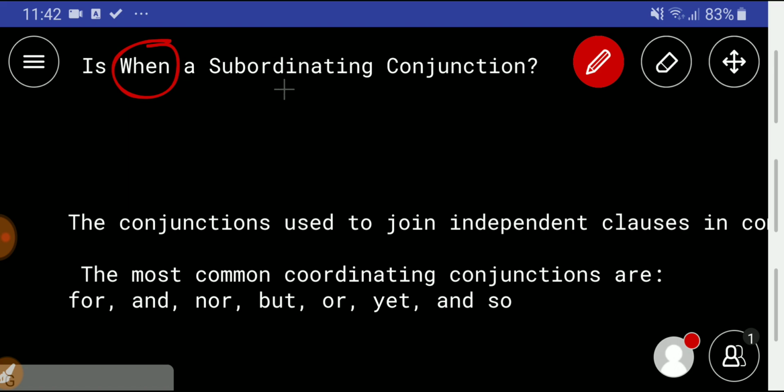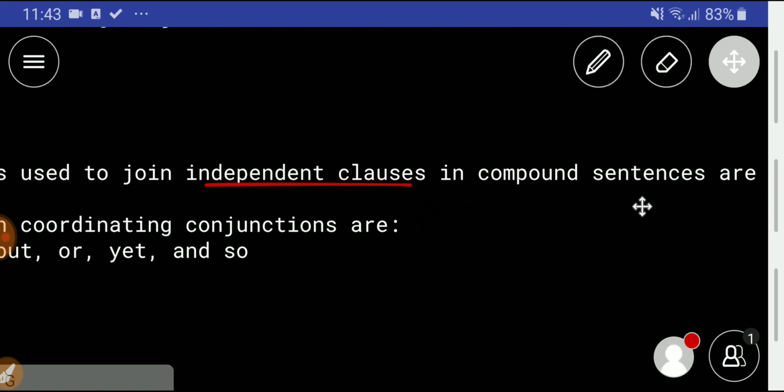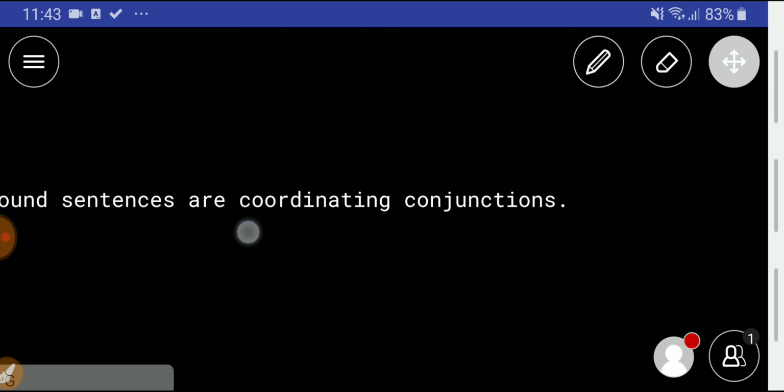Do you know about coordinating conjunctions? If you know what a coordinating conjunction is, then it will be very easy to remember what a subordinating conjunction is. So let me remind you. A coordinating conjunction is used to join independent clauses in compound sentences.